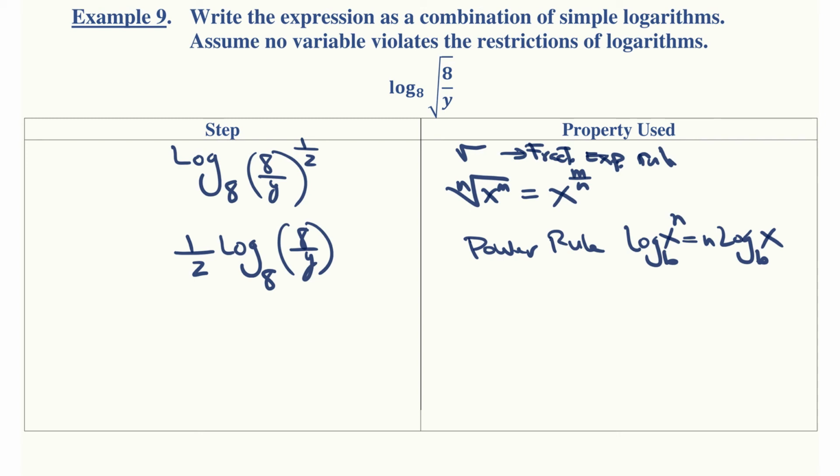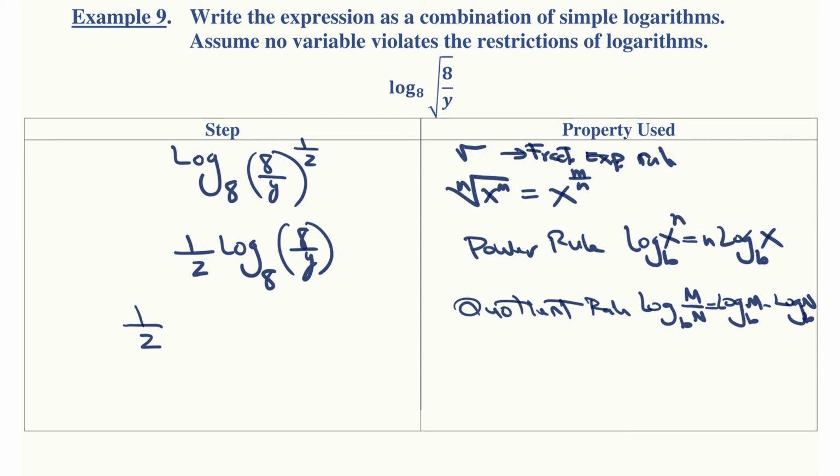Next, we'll go ahead and apply the quotient rule, which says log base b of m over n equals log base b of m minus log base b of n.